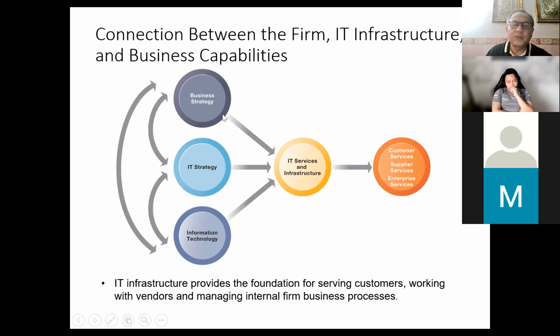in any business, they will start with a business strategy first. The business strategy is developed by the top level management.